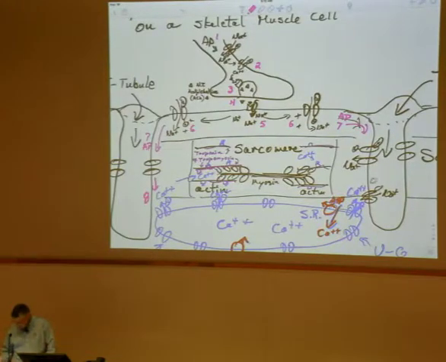8, the action potential gets down deep into the T-tubules. 9, opens voltage-gated calcium channels. 10, calcium gets into the sarcomeres, binds to troponin, and starts contraction.